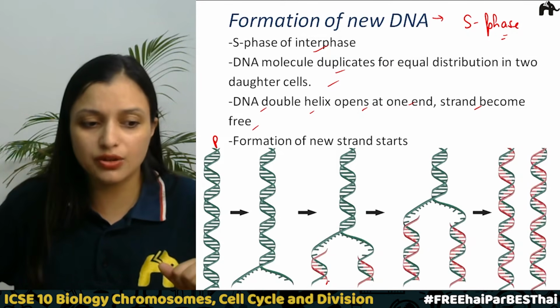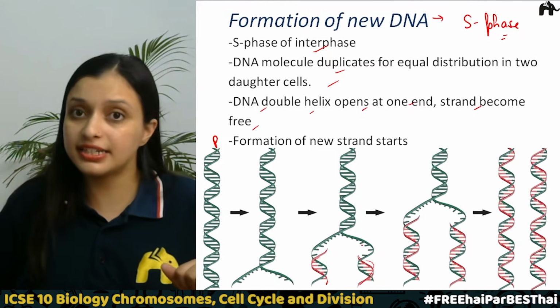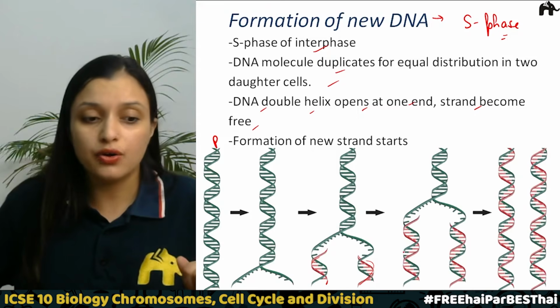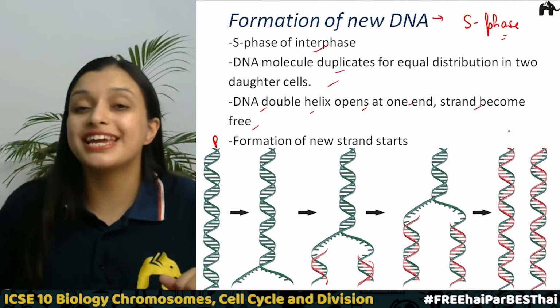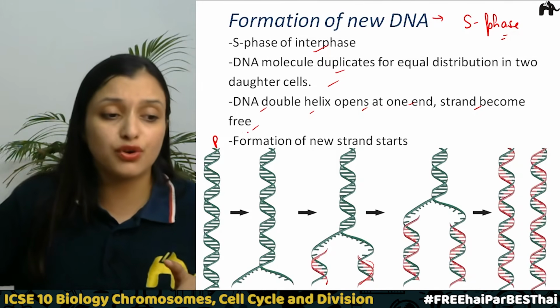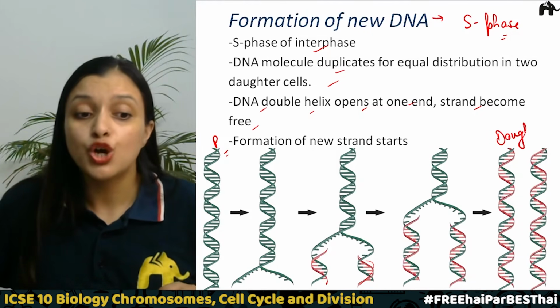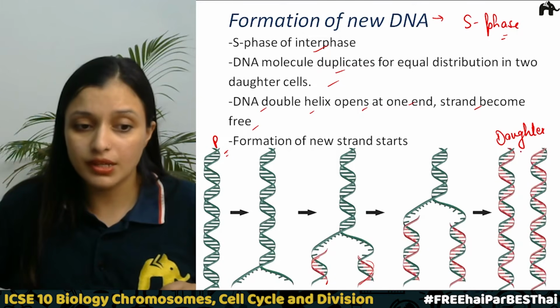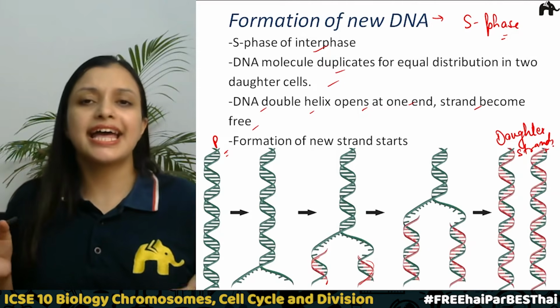So can you see now, this is the new DNA strand that has started forming. Now this will continue, and finally there will be two DNA strands made from this parent DNA. These are the daughter strands, right? Easy and simple.